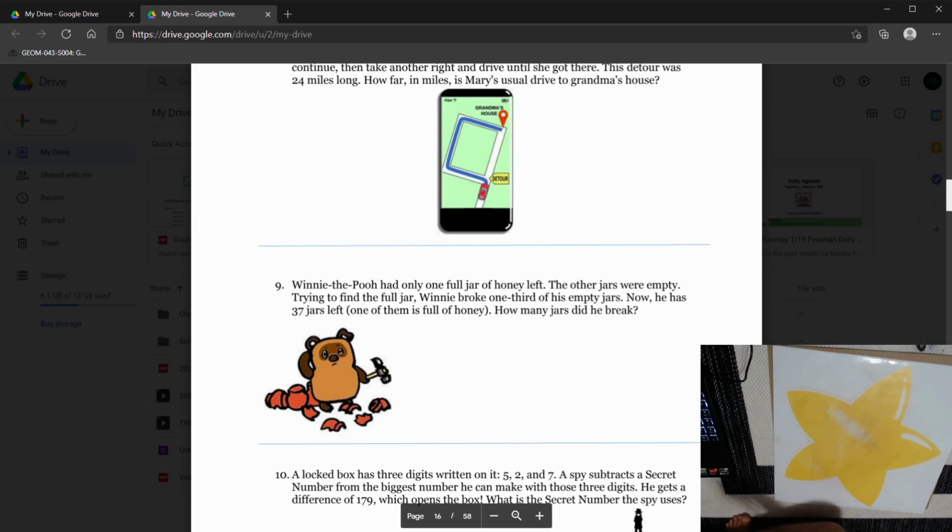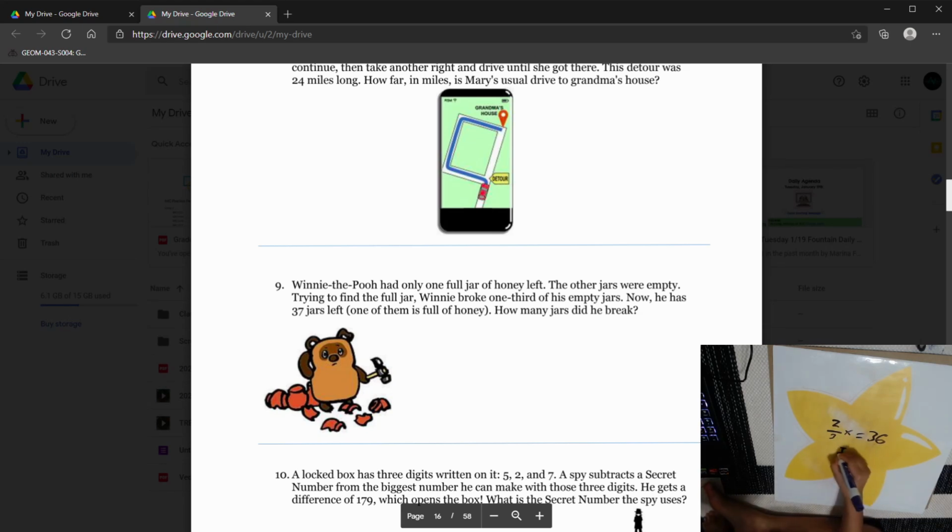Okay, so we know that he broke 1/3. So we know that 2/3 of x equals 36. Well, isn't it 37? Well, yes, but that's including one full jar of honey. So we'll just put 36. So now what we would do is send this 2 over here and replace x over there.